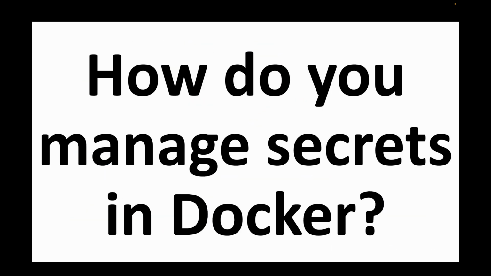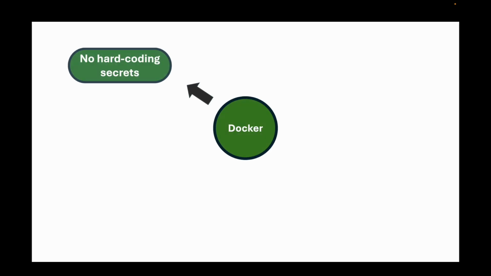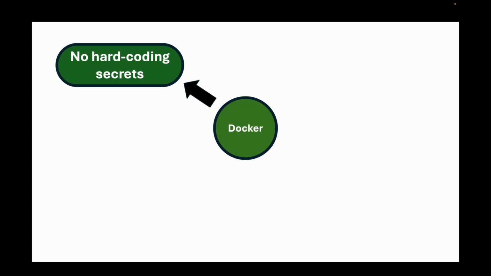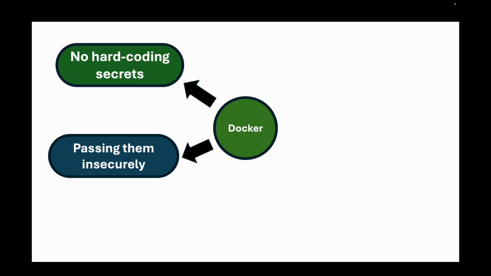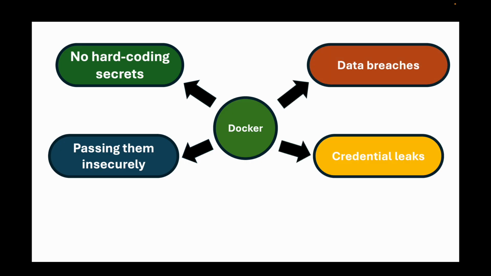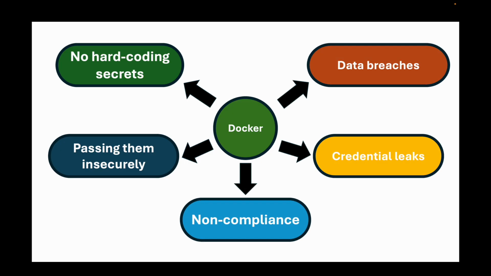The next question we have is, how do you manage secrets in Docker? Now, hard coding secrets or passing them insecurely can lead to data breaches. So, no hard coding of your secrets. So, you can have data breaches, you can have credential leaks, and you may also have non-compliance. So, proper secrets management is critical in production containers.